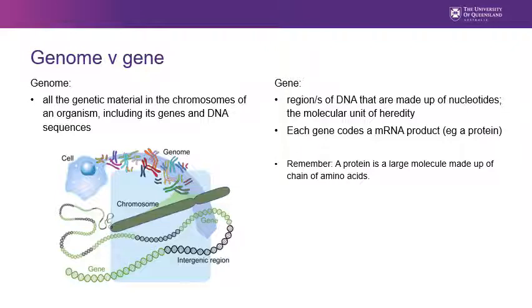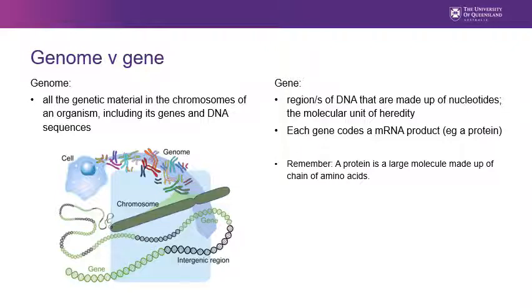A genome is defined as all of the genetic material in the chromosomes of an organism, including its genes and DNA sequences. Whereas a gene is defined as a region of DNA that is made up of nucleotides. It is the molecular unit of heredity.